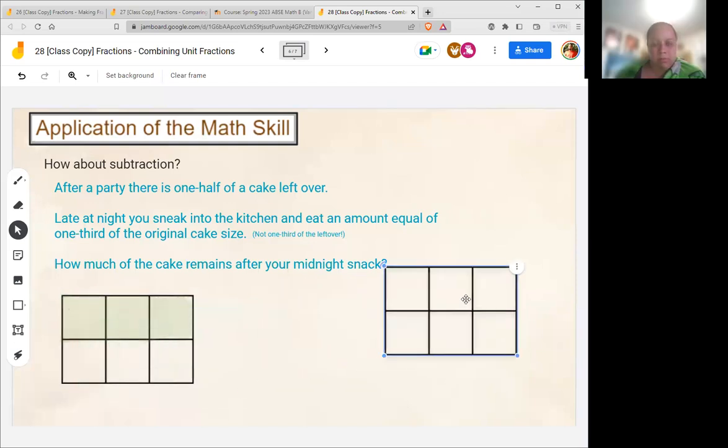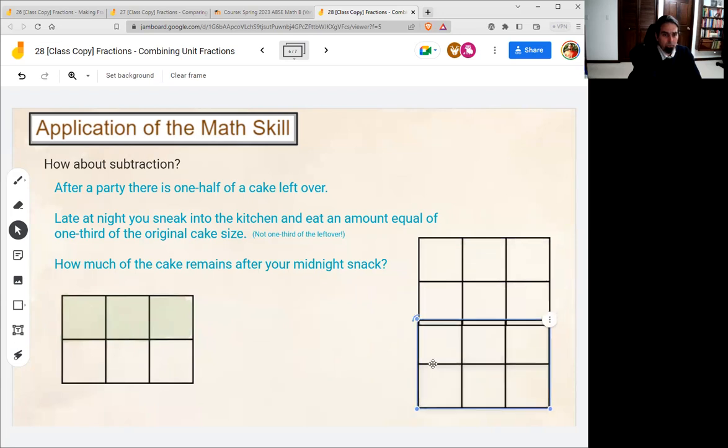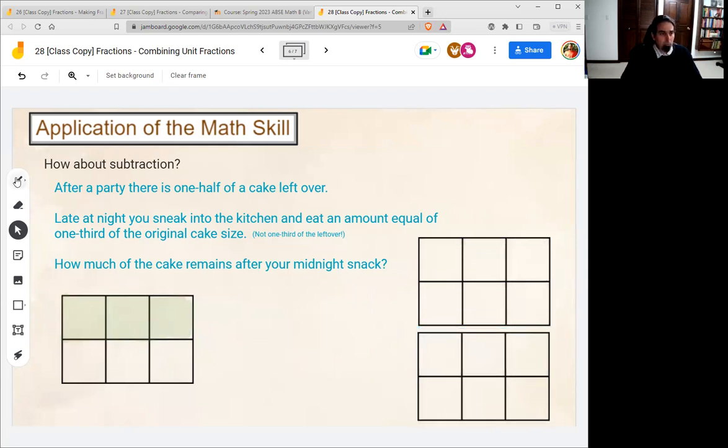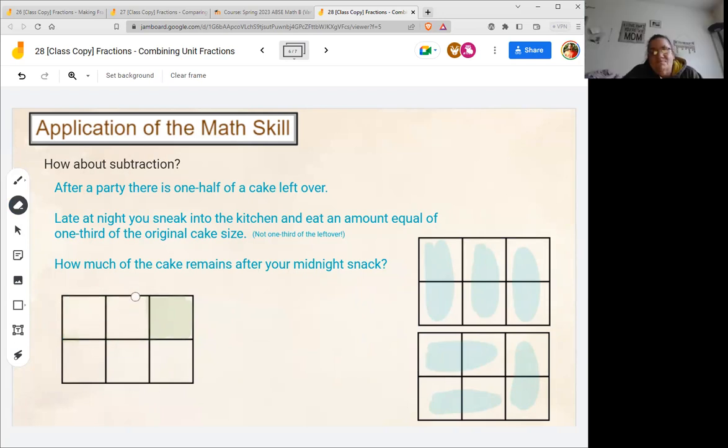2 of them, right? Maybe you see that it's 2 of them because the way your brain likes to see it is 1, 2, 3. Or maybe the way your brain likes to see it is 1, 2, 3. But either way, a third is 2 of them. So we're going to eat 2 of them. Yum, yum. How much of the cake is left over after our midnight snack?